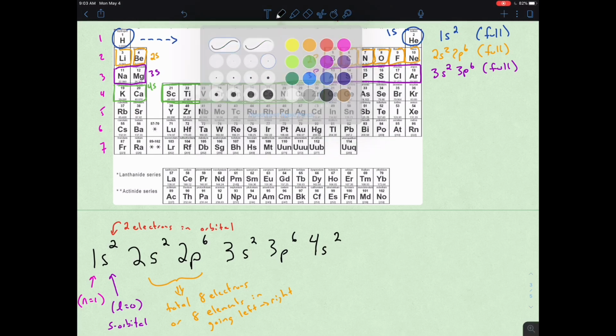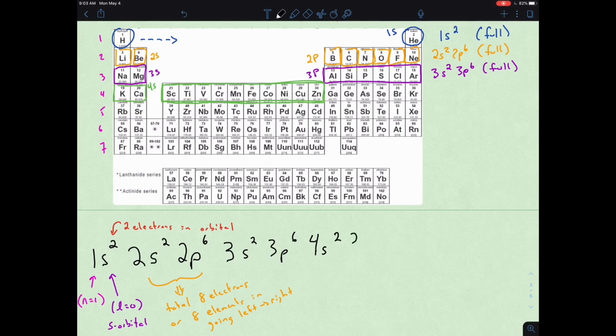Now, the problem that we find is the numbering. So here we have our 3d10, and you notice we went from 3p6 to 4s2 to 3d10.